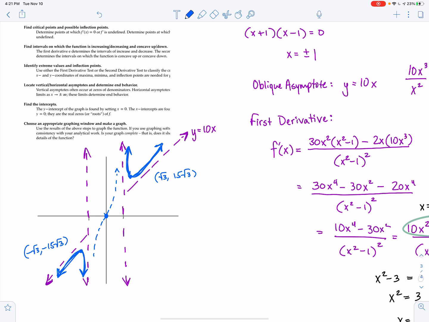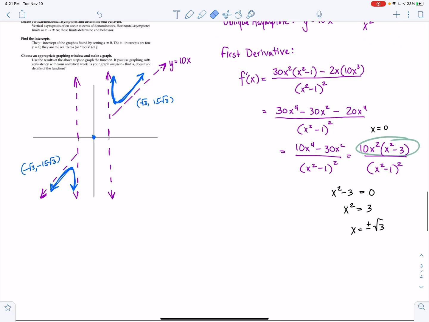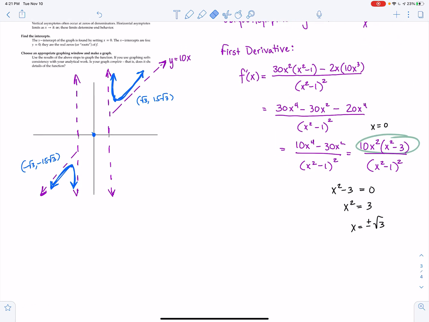And maybe you know, and maybe you don't, and sometimes there are lots of different ways to figure this out. Here, because we are dealing with a pretty gross rational function, I'm going to go back to our first derivative. And what we can do is look at a sign graph of the first derivative to figure out if our graph is increasing or decreasing on this interval.